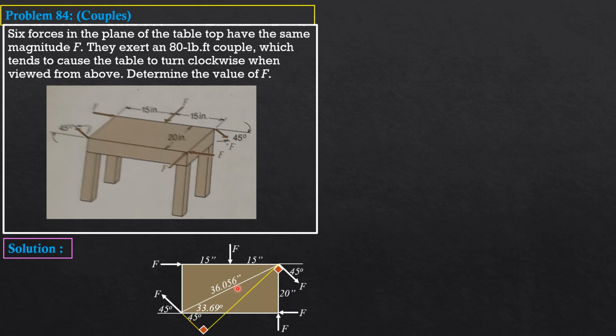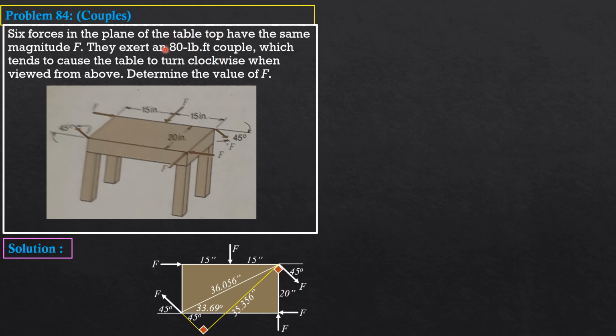So 36.056 sine of 78.69. Use your calculator, it is equal to 35.356 inches.